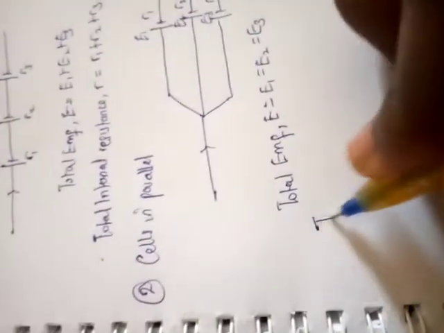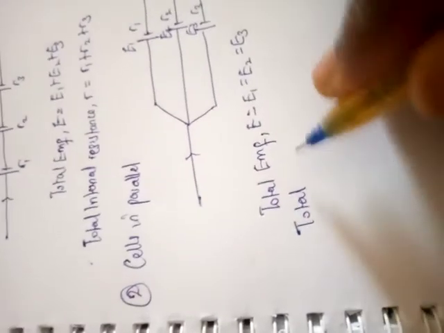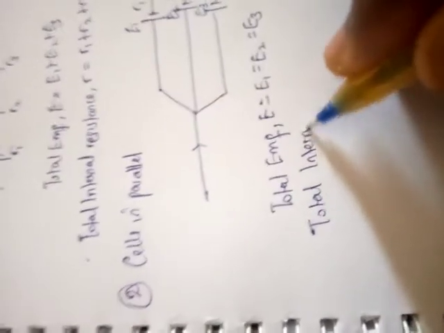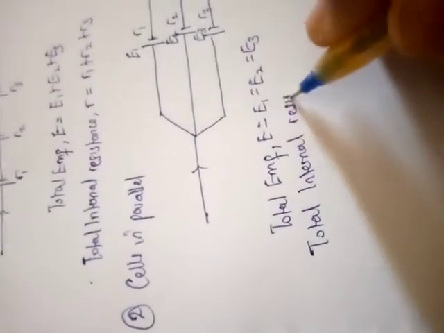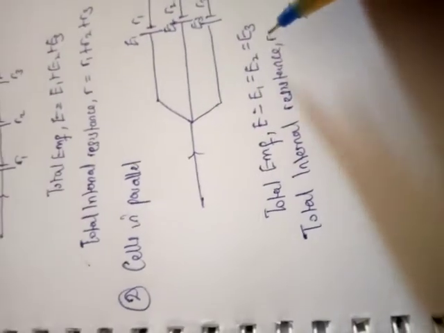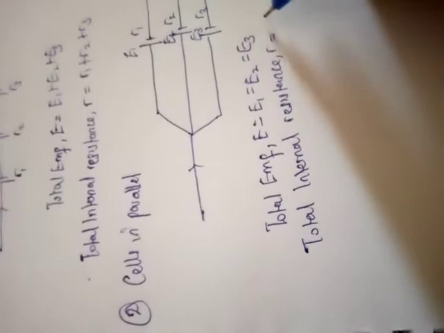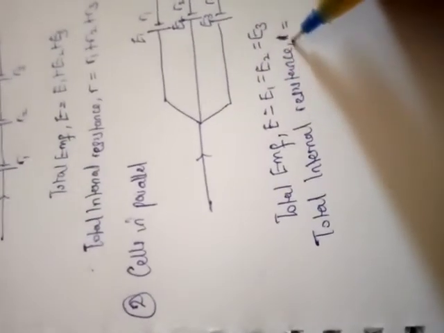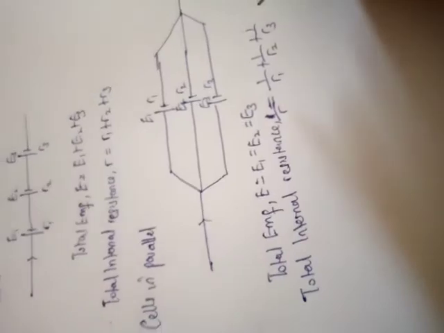And then the total internal resistance r: 1 over r is equal to 1 over R1 plus 1 over R2 plus 1 over R3. This is all under our arrangement of cells.